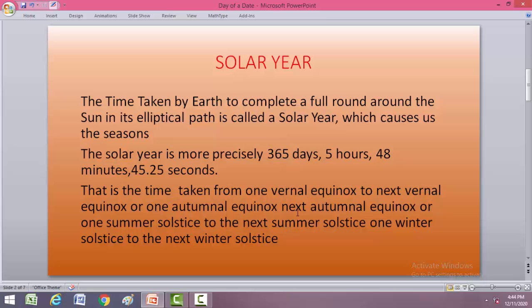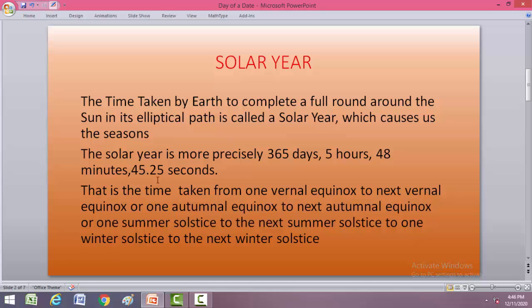So from one vernal equinox to another vernal equinox, that is the time. We can say one autumnal equinox to the next autumnal equinox duration also. Likewise, one summer solstice to another summer solstice, or one winter solstice to another winter solstice. That duration is the same.